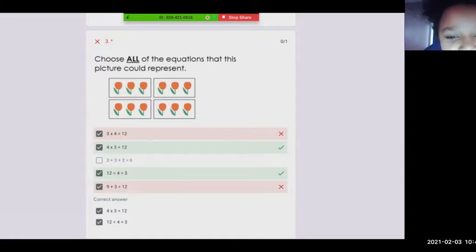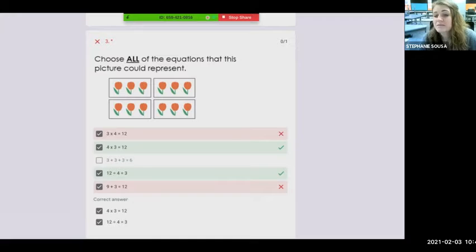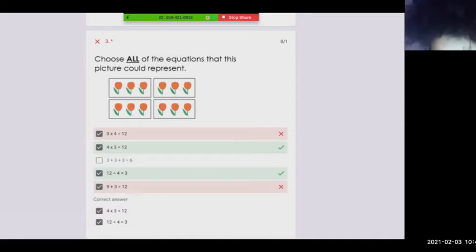It says choose all of the equations. Those are all equations that this picture could represent. Only that are true for that picture. You got to read the full directions, Bubba. You taught us a valuable lesson today, though. You taught us to read our directions completely. So thank you for that valuable lesson.